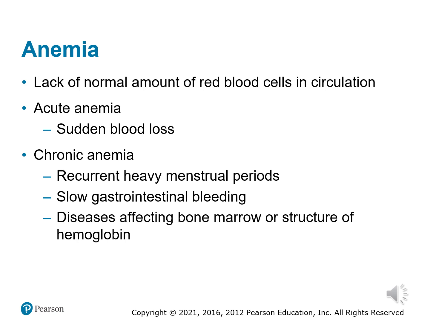These patients may rapidly exhibit signs and symptoms of shock or hypoperfusion, such as a rapid pulse, cool, clammy skin, and eventual hypotension. Chronic anemia occurs over time and can be caused by conditions such as recurring heavy menstrual periods, slow gastrointestinal blood loss, or diseases that affect the bone marrow or the structure of the hemoglobin molecule itself.